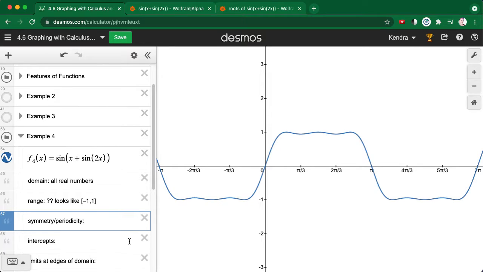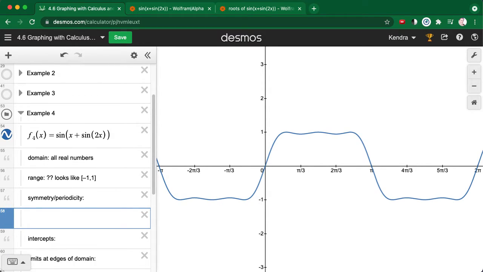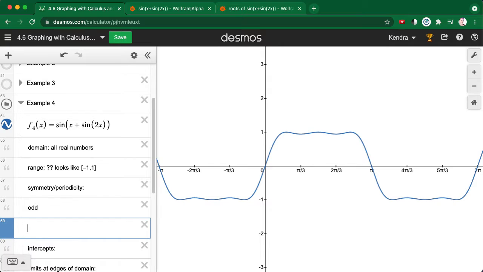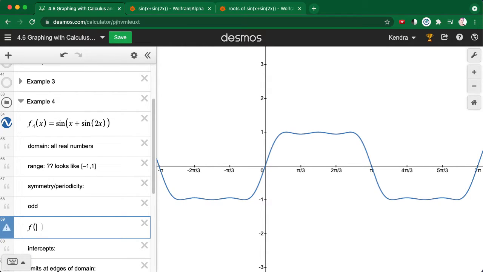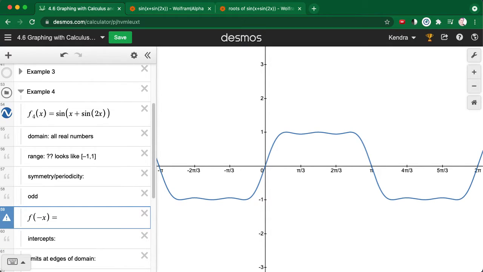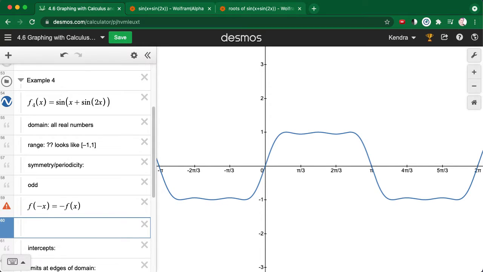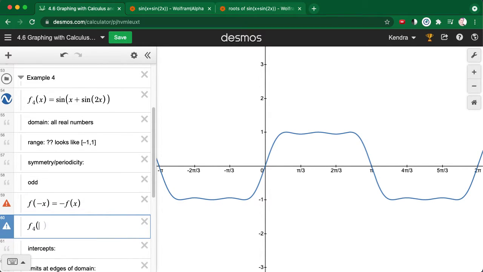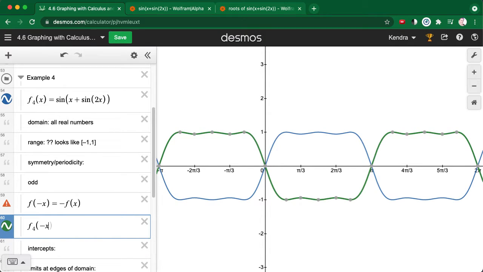So let's check the oddness. If I look at f of -x, that should give me the negative of f of x, if it really is odd. So let's see what happens if I plug in f4 of -x. I can see this graphically. This is what f4 of -x looks like.